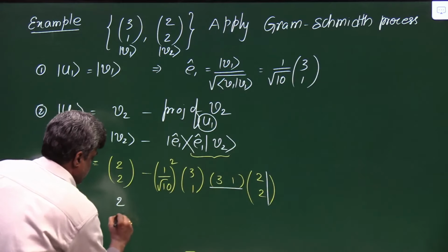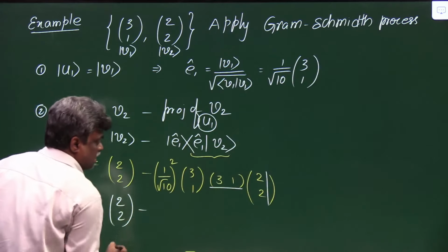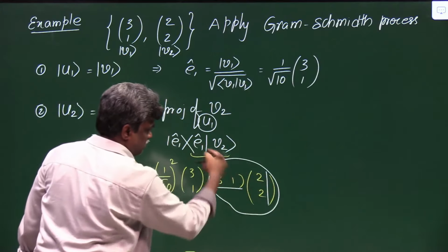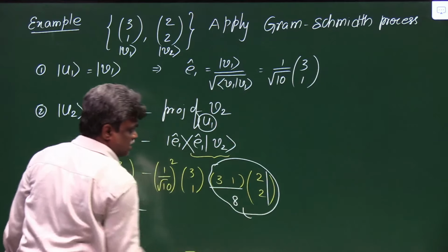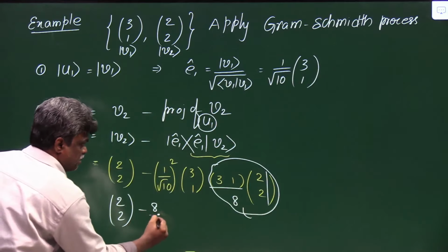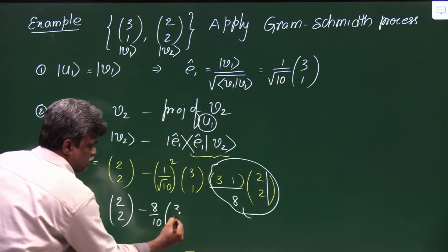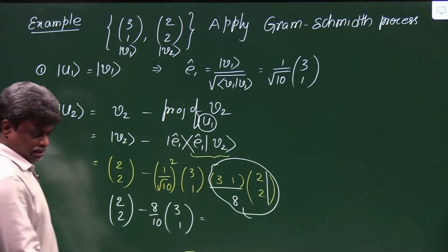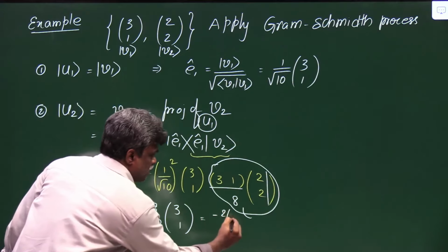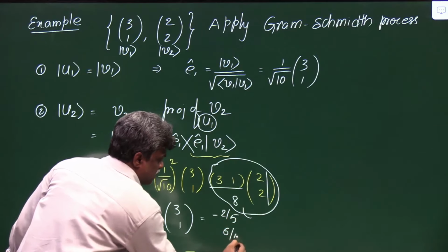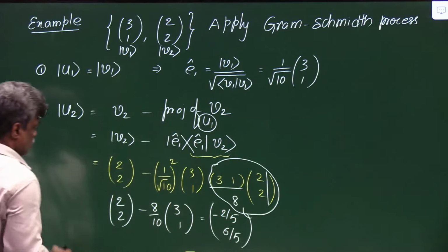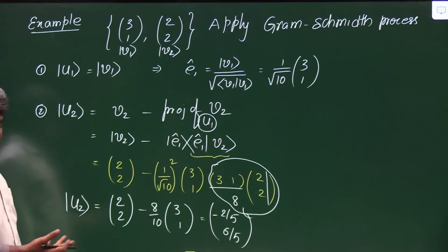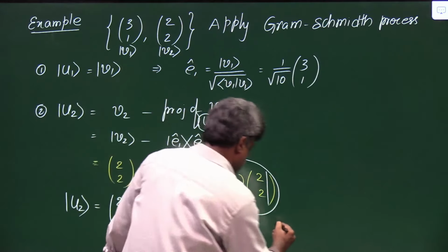So we can write this as (2, 2) minus 1 by 10, and here we are getting this scalar. This scalar is nothing but 8. So this is 8 by 10 into (3, 1). You just subtract these two, and here you will get minus 2 by 5 and 6 by 5. So this is your u2, and from this we have to find e2 cap.